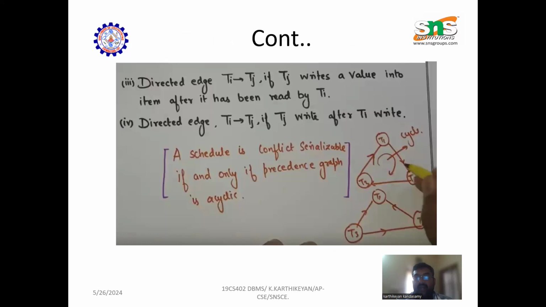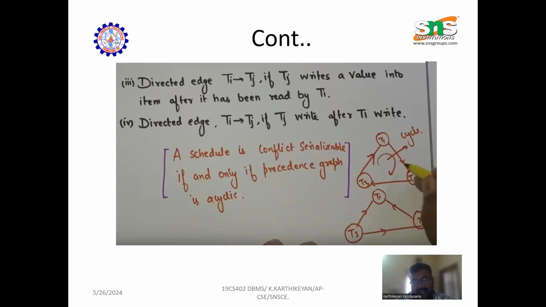A directed edge Ti to Tj if Tj writes a value of an item after it has been read by Ti. A directed edge Ti to Tj if Tj writes after Ti writes. A schedule is conflict serializable if and only if the precedence graph is acyclic.